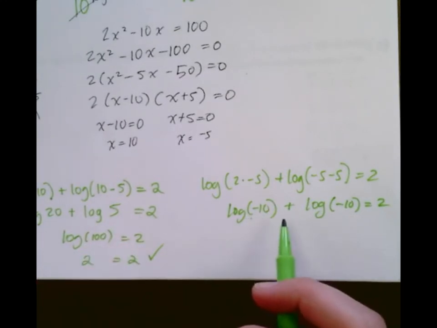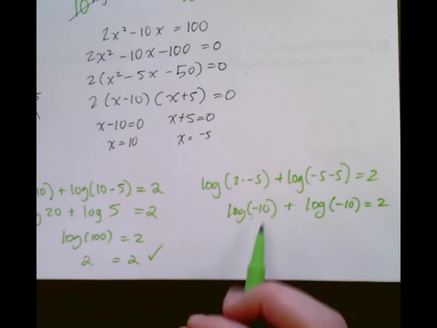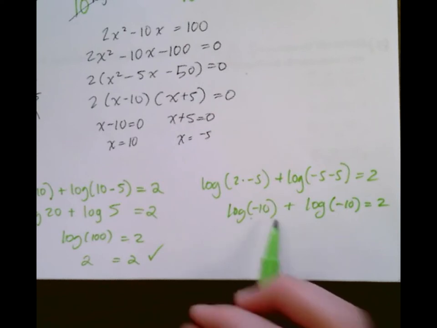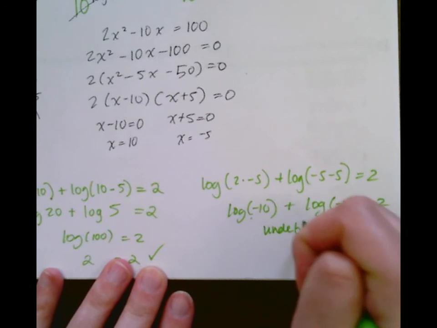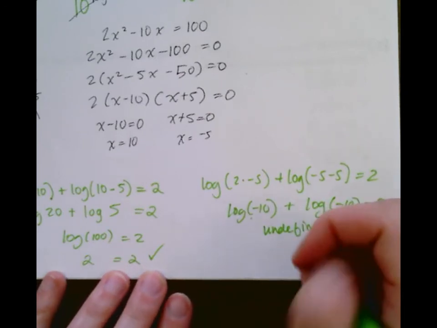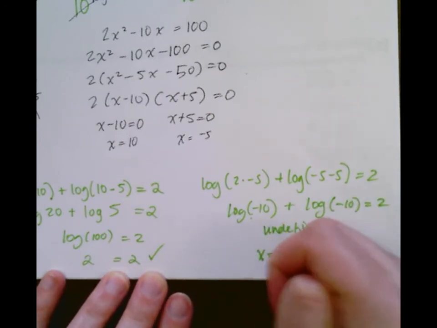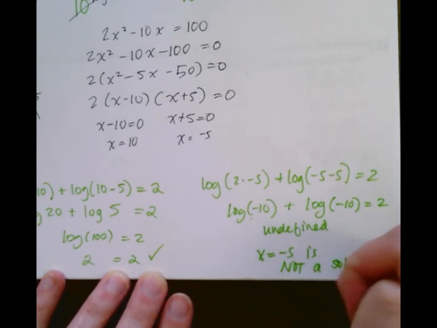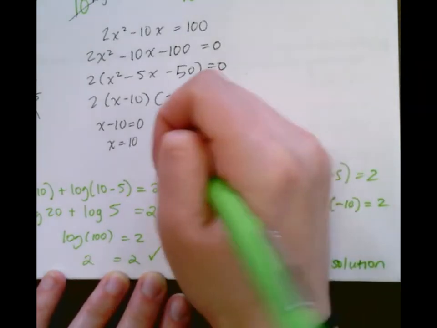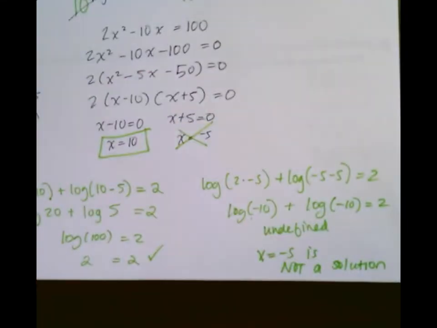Well, 10 to no power is negative 10. There's no way to get that negative number with a base of 10. So this means that this is undefined. So x equals negative 5 is not a solution. And our only solution would be x equals 10.